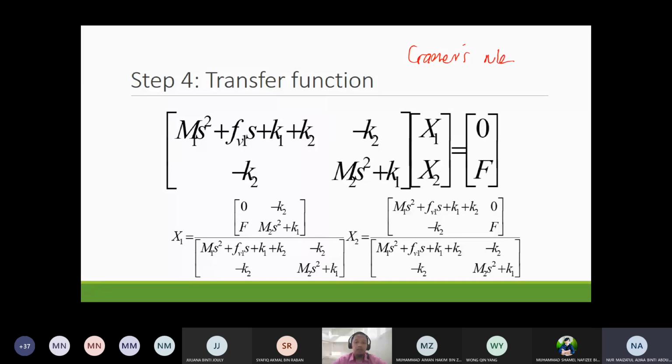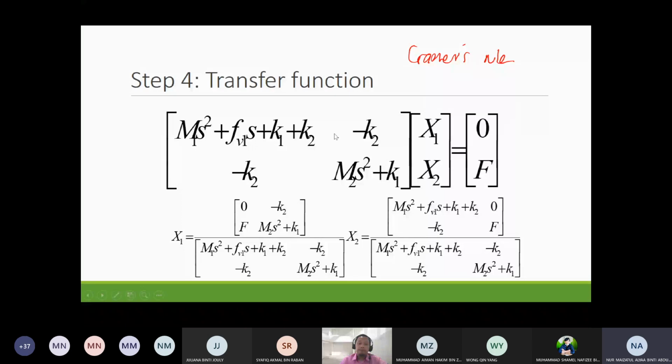I think you have learned Cramer's rule maybe in numerical method code and also finite element method, I'm not sure. So we can use Cramer's rule to find x1 and x2.